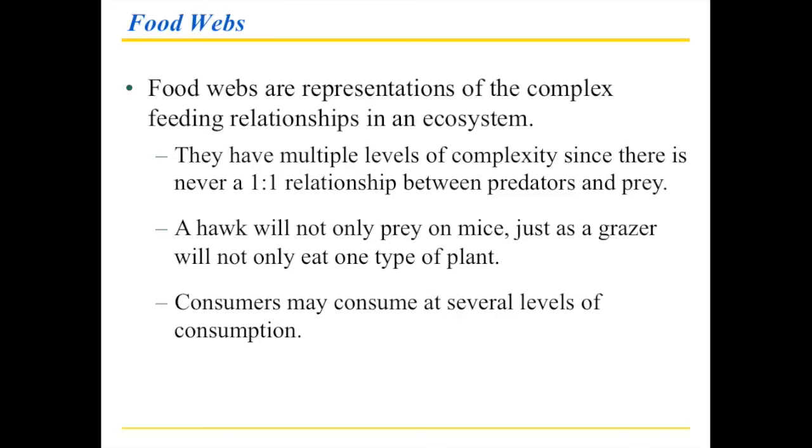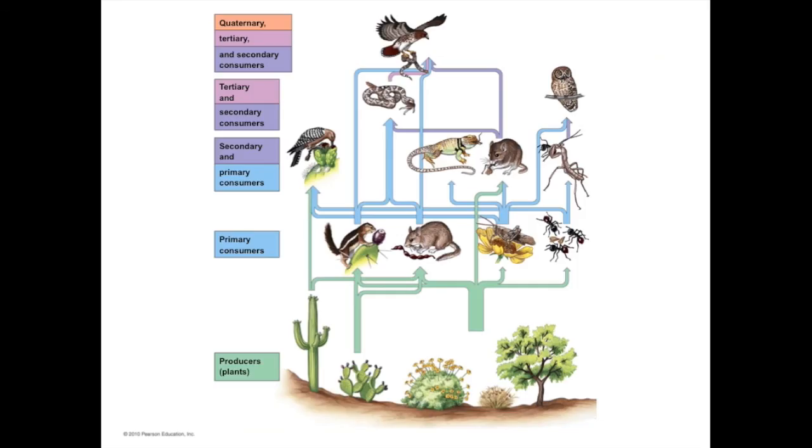So if you look at the consumption, for example, we can act at several levels of consumption, and as a consequence, we can take different functions. We are, of course, omnivores because we eat producers and we eat consumers. So there are quite a variety of omnivores, and we are an example of those.